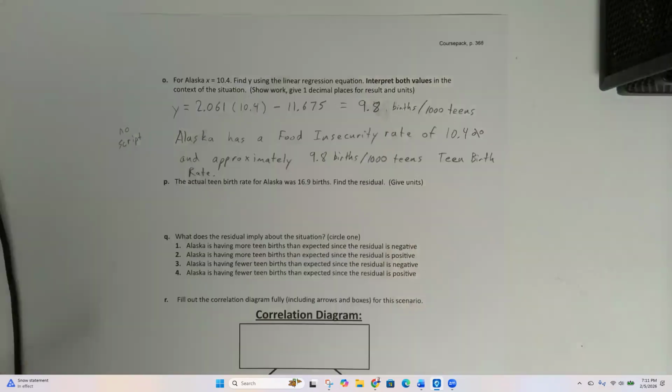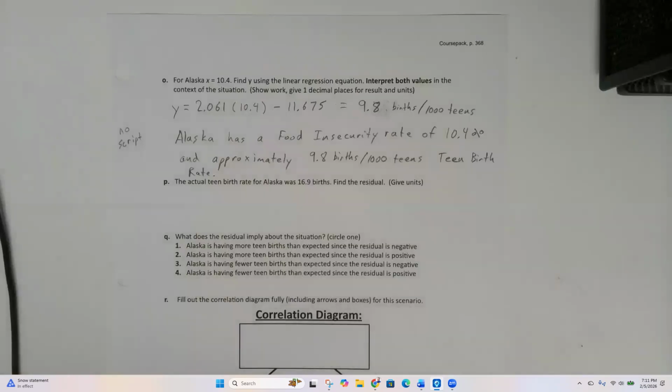Okay. Alaska has a food insecurity rate of 10.4% and approximately 9.8 births per thousand teens, teen birth rate. Okay.